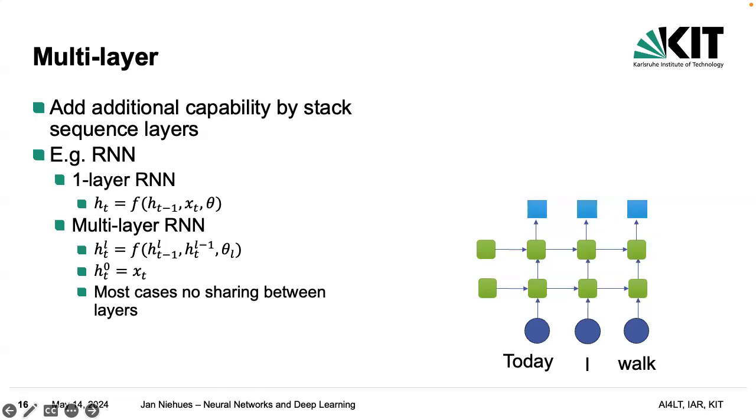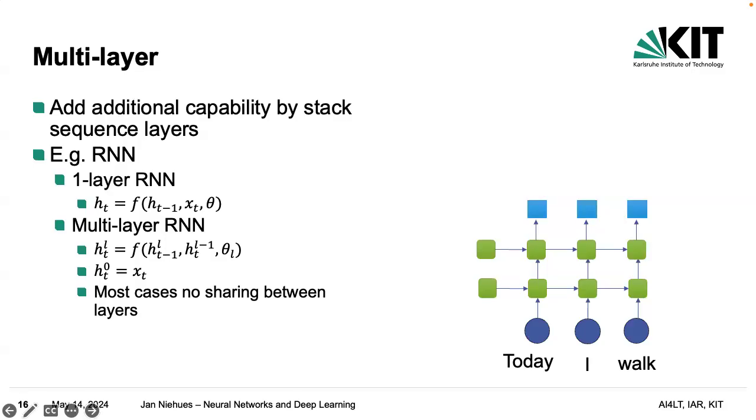For the one layer RNN, we said your hidden state at position t is a function dependent on the previous hidden state, on the current input x_t, and on our parameters theta. For example, in the SSM, we had this function h_t = A times h_(t-1) plus B times x_t.